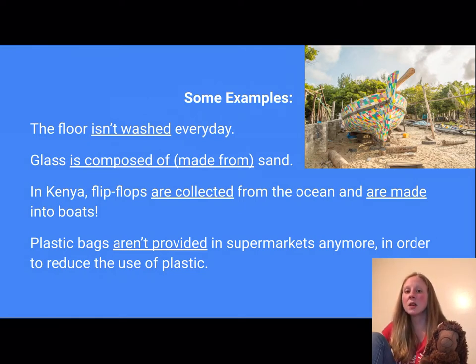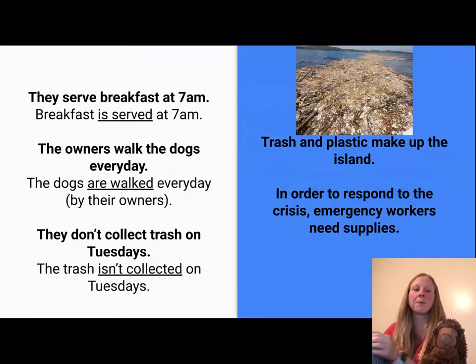Glass is composed of, or glass is made from, sand. So that doesn't involve a person. It's just a statement. Number 3, in Kenya, flip-flops are collected from the ocean and are made into boats. Remember, with the passive voice, the person who's doing the action is either unknown or unimportant. So the thing here that's important is the fact that the flip-flops are collected and that boats are made from the flip-flops. You can actually see a picture of one up above.